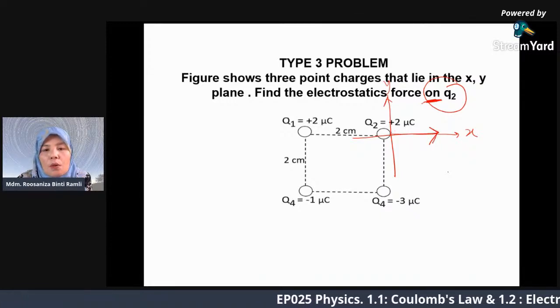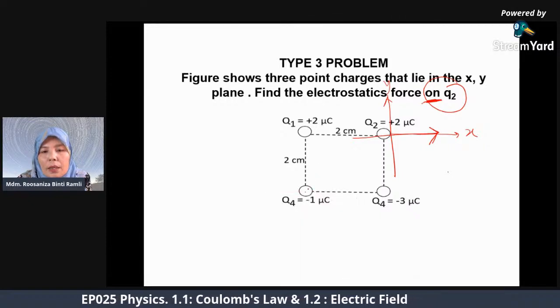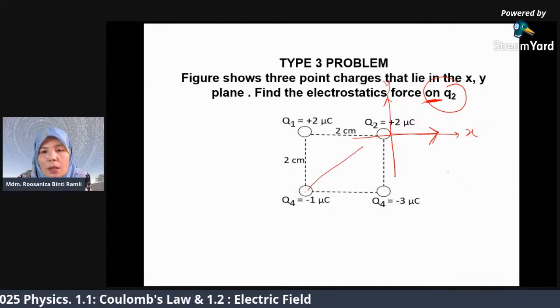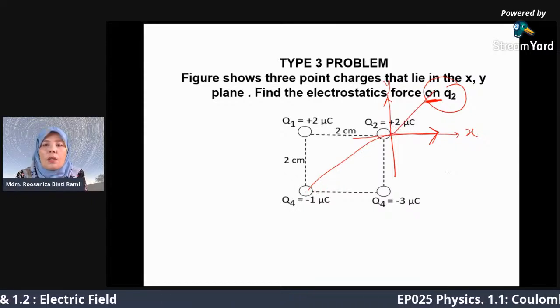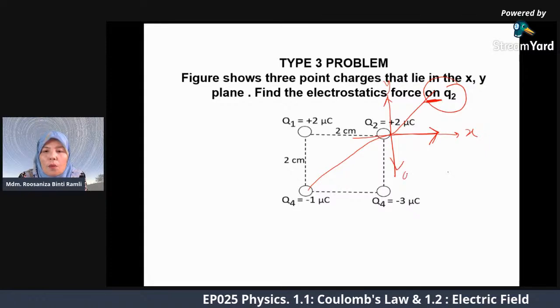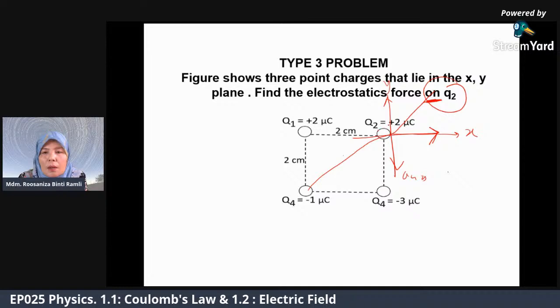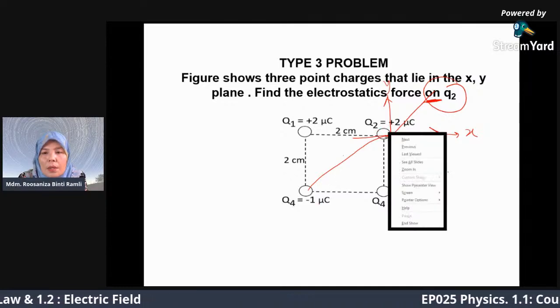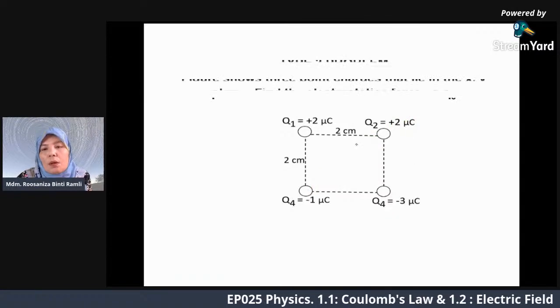Q4 is negative and does not lie on the x-axis or y-axis, so you have to draw the components. Positive and negative means the direction is here.